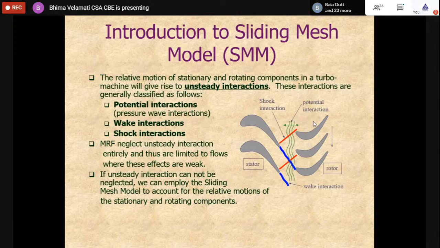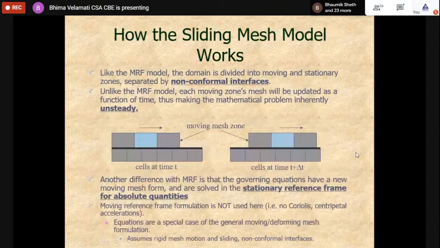Okay. One simple way of moving the grid is called the sliding mesh model. It's an extremely simple geometrical way of solving things. Okay. What is the sliding mesh model? It is that you have a rotating zone and a stationary zone, like you have your moving reference frame.